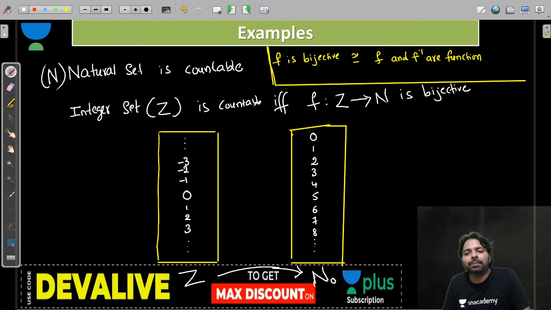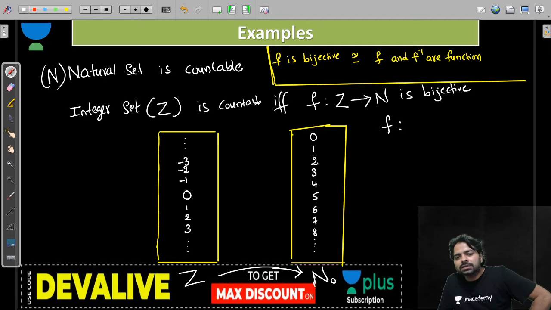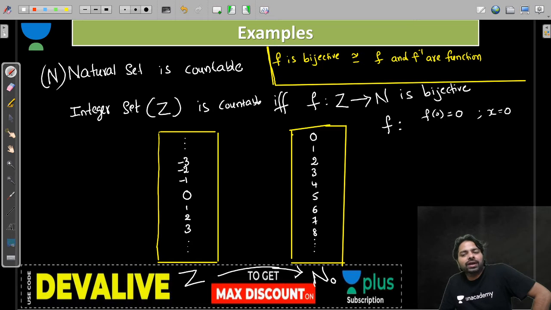I am going to show a mapping. First I will show about f. If you ask me f of 0, I will say it is 0. Here x is equal to 0, and f of x you want to compute. So f of x is equal to 0 when x is 0.